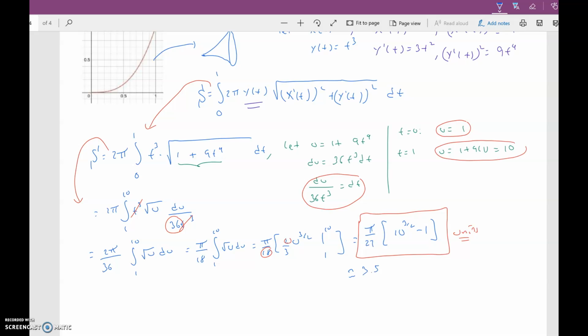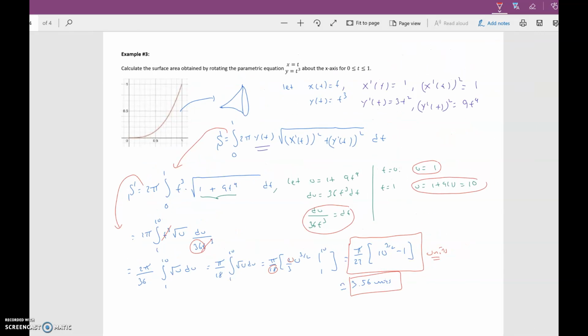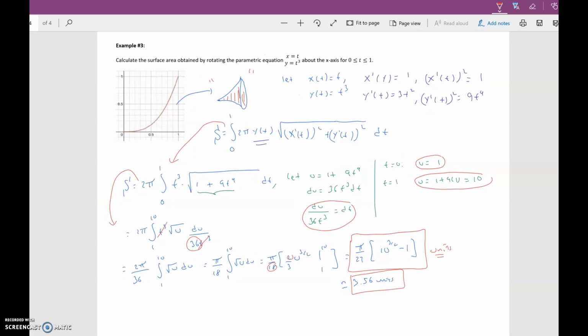So 3.56 square units is what it's giving us for that cone if we were to calculate the surface area. Okay, that's it for this one. It didn't turn out as messy as I was expecting, especially after the u substitution.